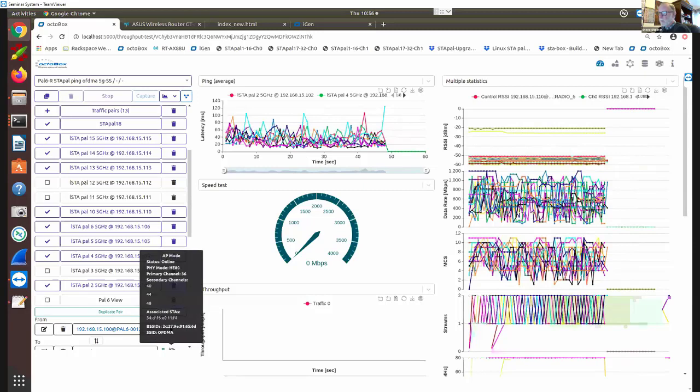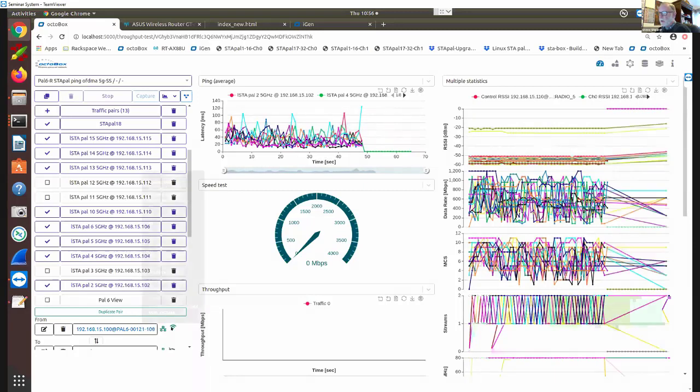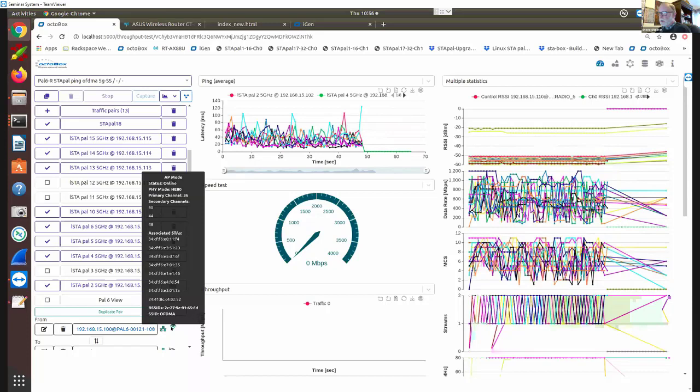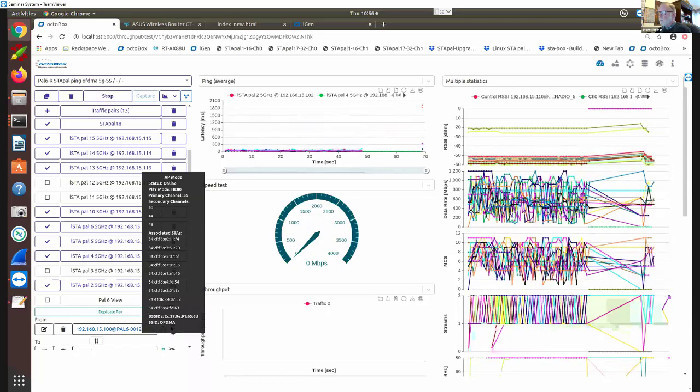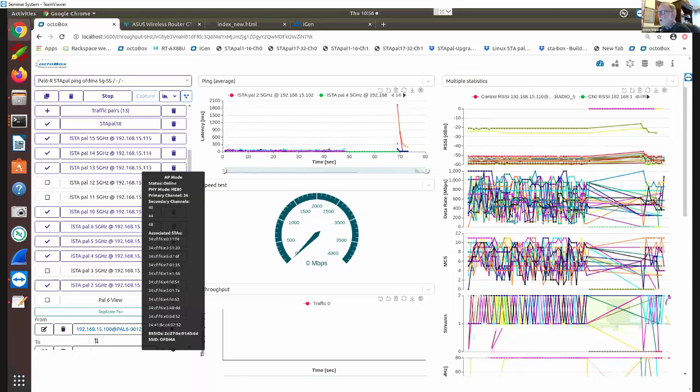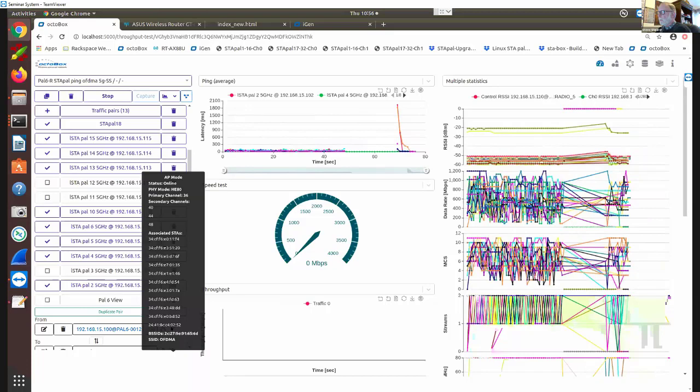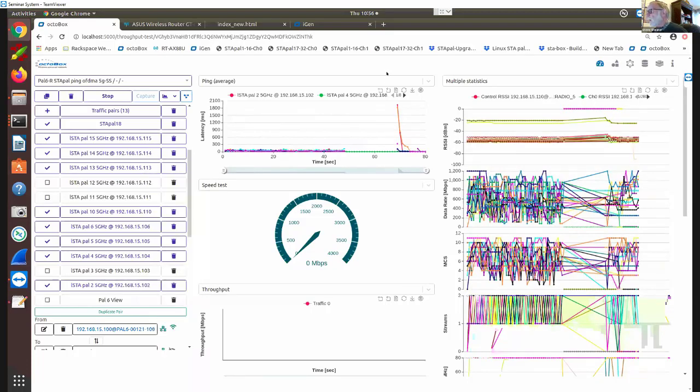It's just starting to come back. We'll see the devices start to associate. There's an initial delay here because of the buffered pings. I'm just going to remove this one because it's messing up the scale.